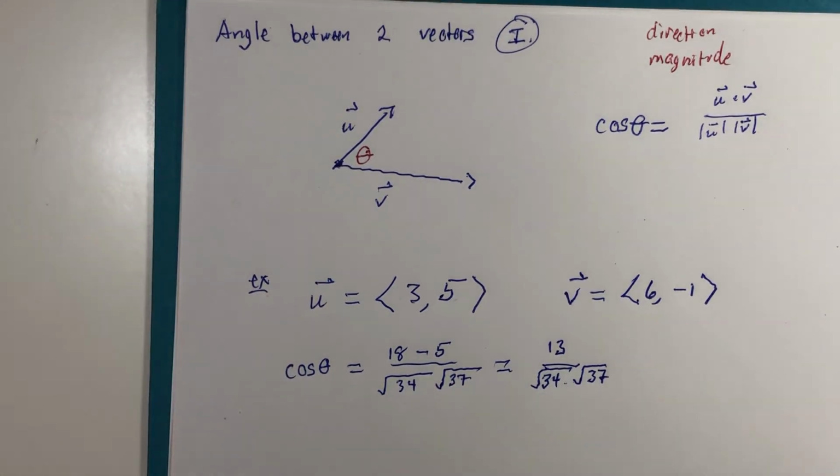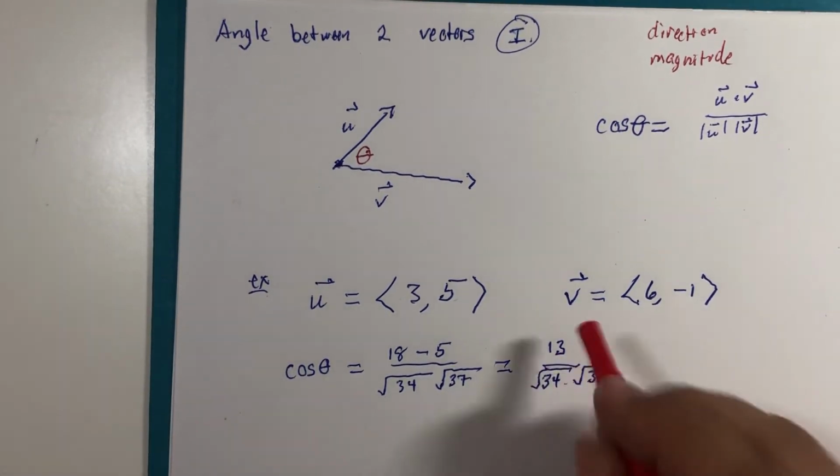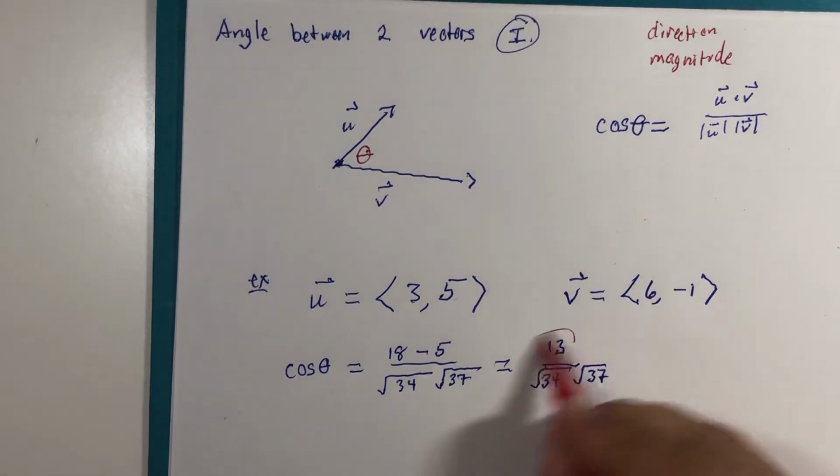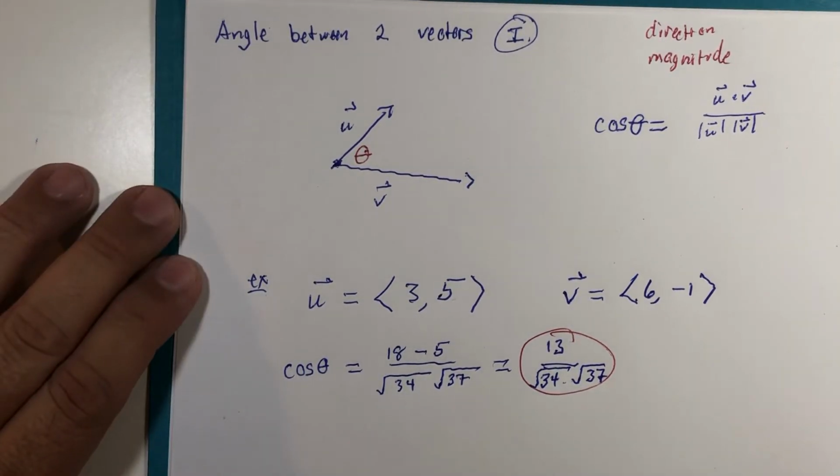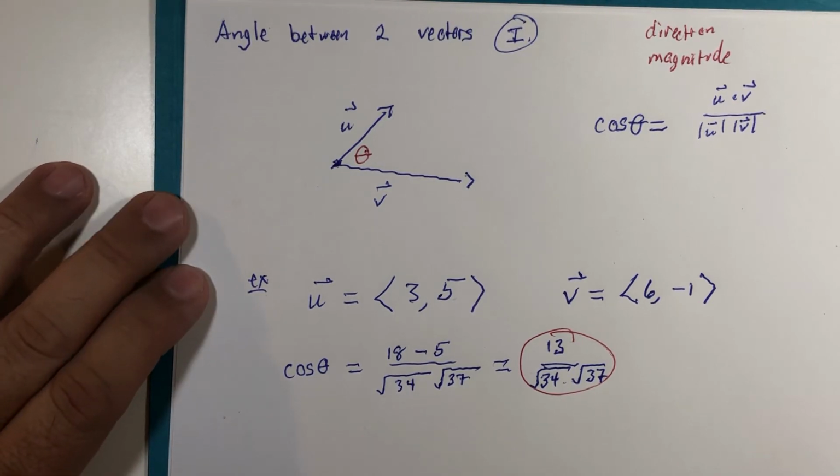We'll use them for other applications. Leave it like this. If you don't have access to a technology right in front of you, if you were to go to your calculator, then you'd have to determine degrees versus radians. How does the instructor want it? Usually it has to do with the application, whether you need degrees or radians.